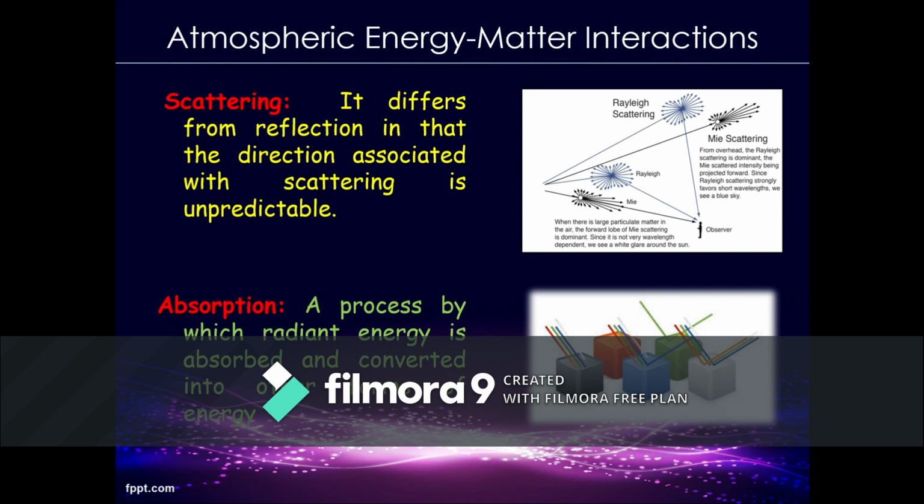Now, for scattering, there are three different types: Rayleigh scattering, Mie scattering, and non-selective scattering. Rayleigh scattering by gas molecules takes place in the atmosphere within 2 to 8 km above the ground.